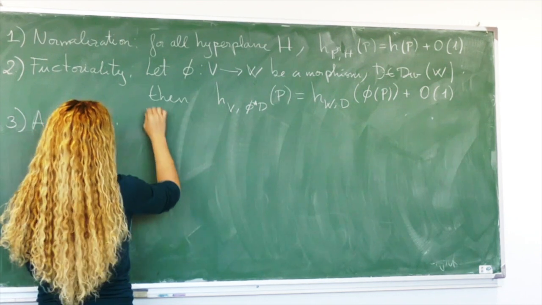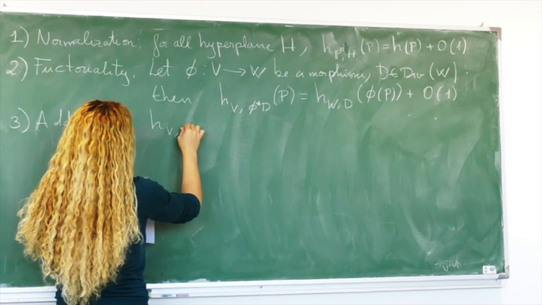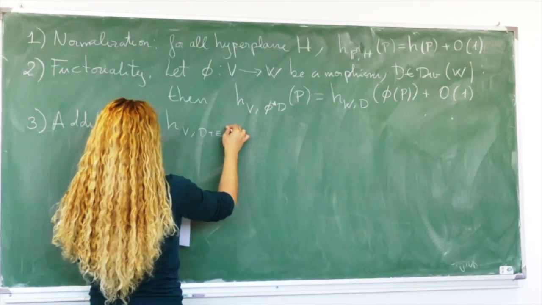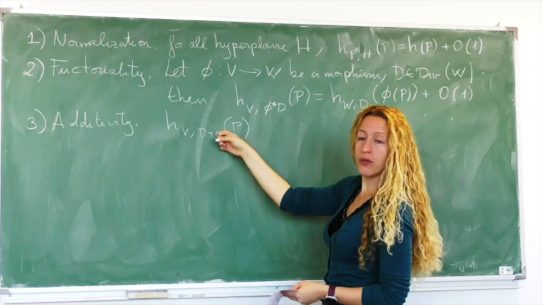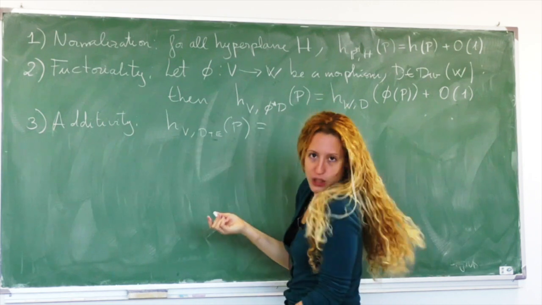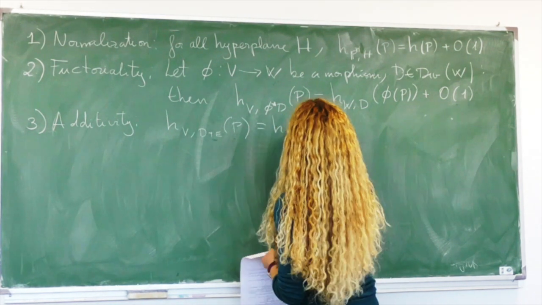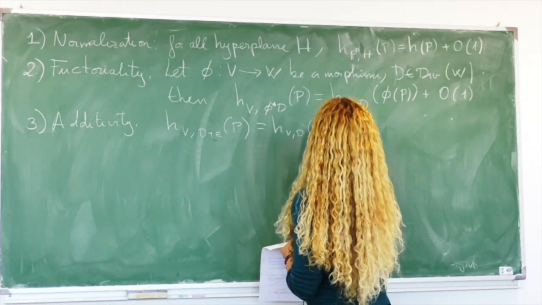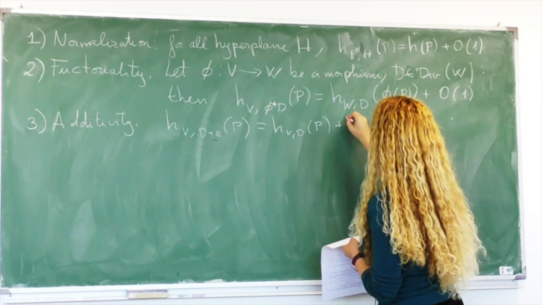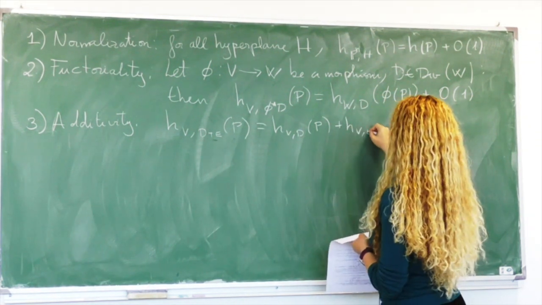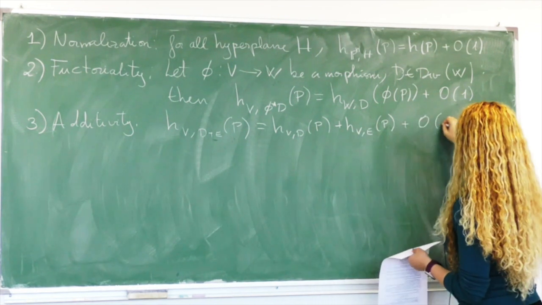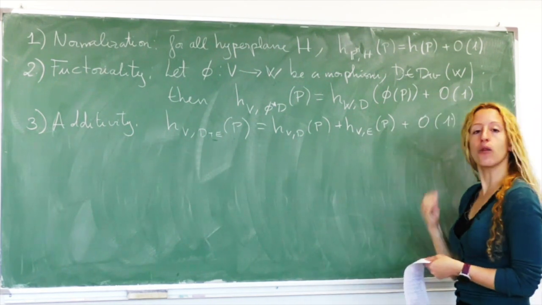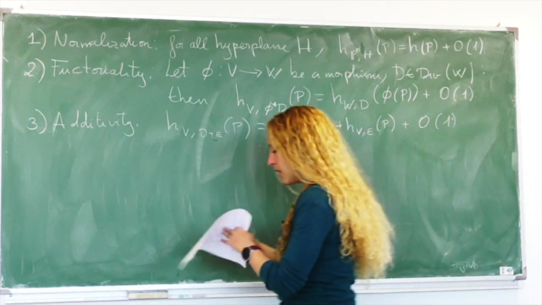If we take two divisors, D and E, then the height associated to the sum of the two divisors is what you're expecting. So it is the height of the first divisor plus the height of the second divisor, up to a constant. Again, a constant that we can compute explicitly.